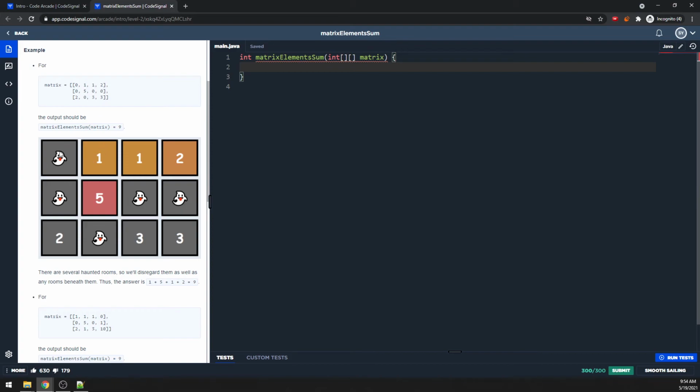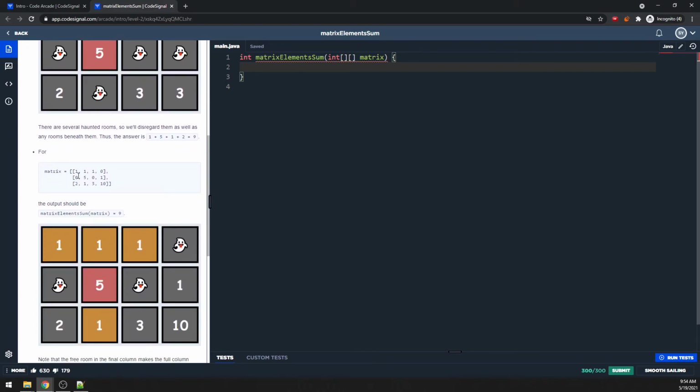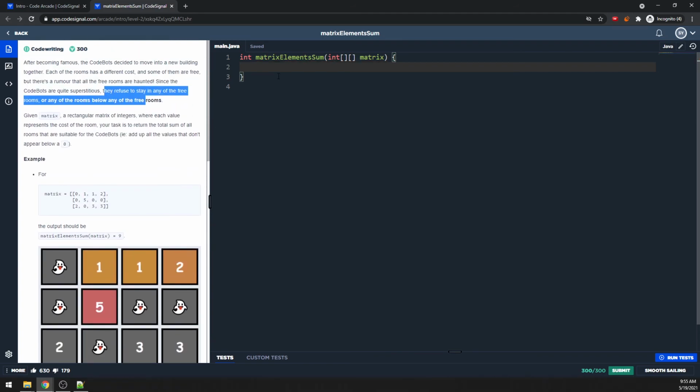You loop through a column, you see a 0, you go on the next one, you go on the next one, you go on the next one. So the value for this is 5 plus 1 plus 2, okay, it's 9. So 1 plus 1 plus 5 plus 1 plus 1, and then you will get 9. Okay, so you loop through the column first.